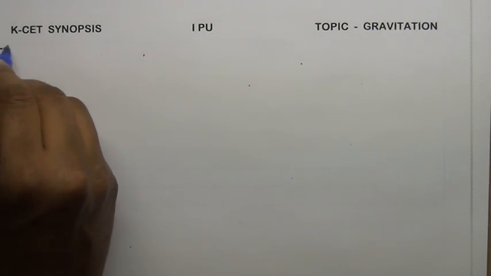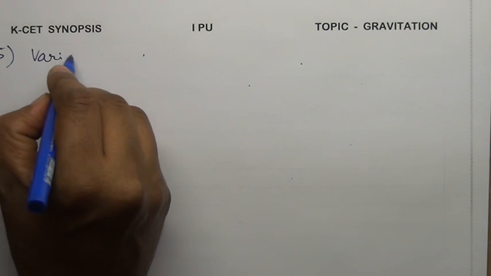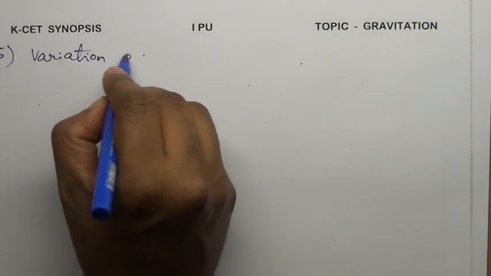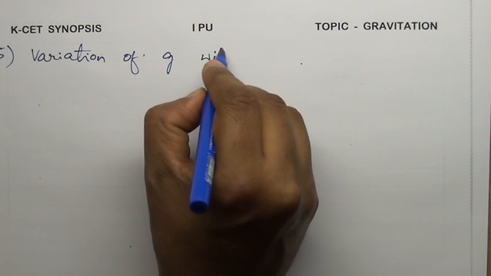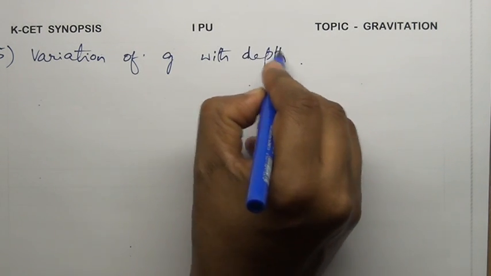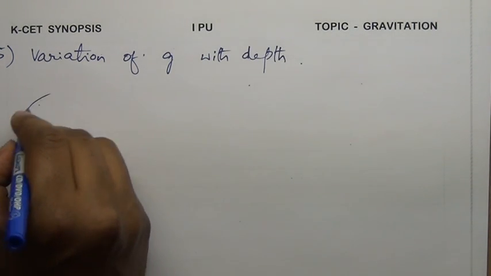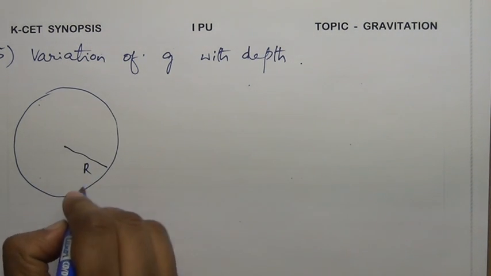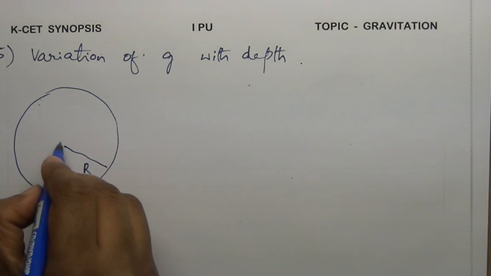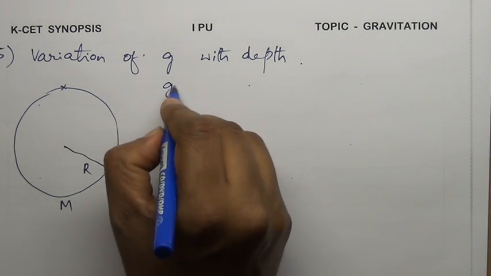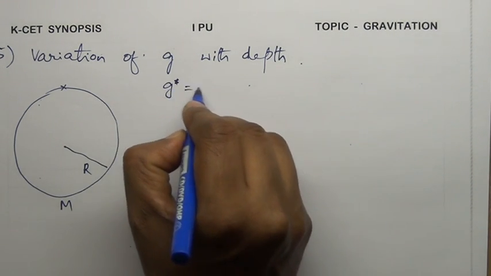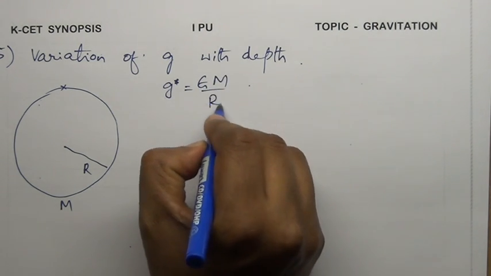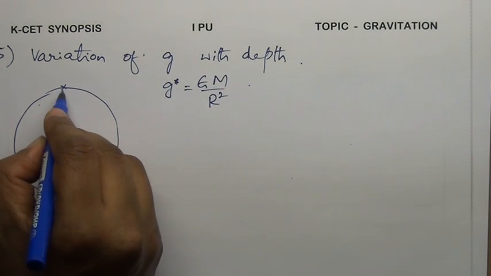Next, fifth, variation of g with depth. If this is the earth, mean radius of the earth R, mass of the earth M, acceleration due to gravity on the surface g equals G M by R square, at some depth d.